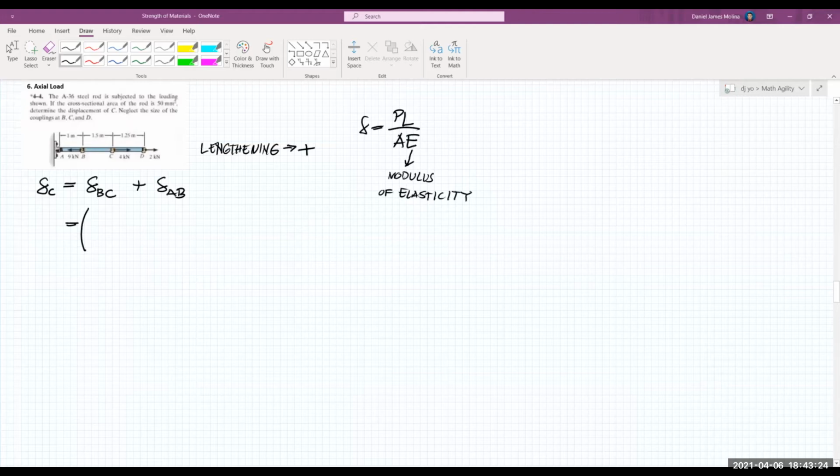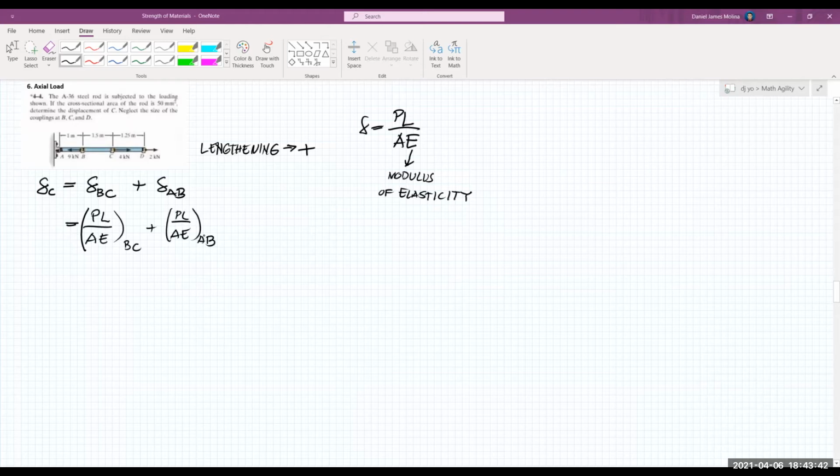P is the internal force, L is the length of the member, A is its cross sectional area. So we have PL over AE for bar BC plus PL over AE of bar AB.